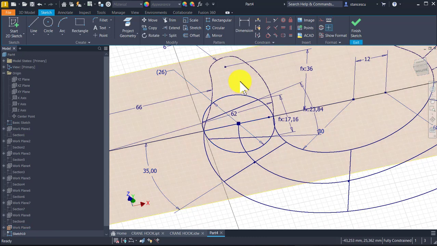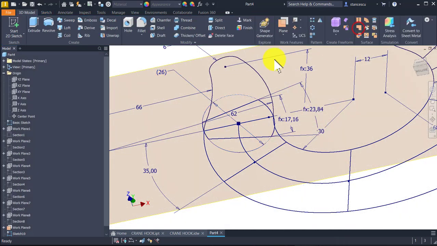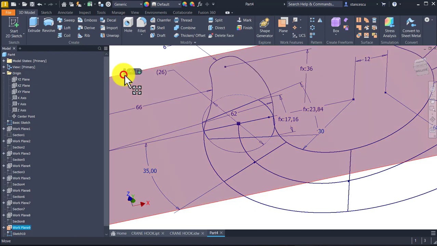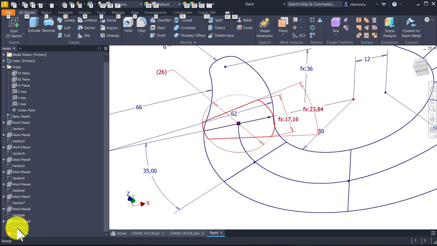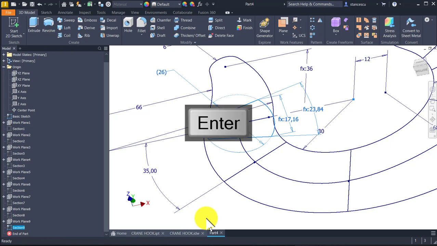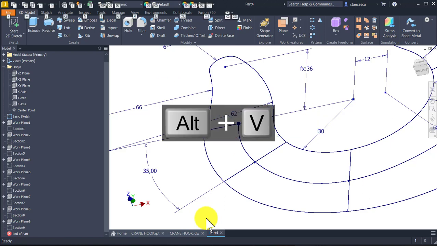They are not construction. 1, 2, 3, construction. Now they are. Finish sketch, select plane, Alt V, section 9, and Alt V as well.